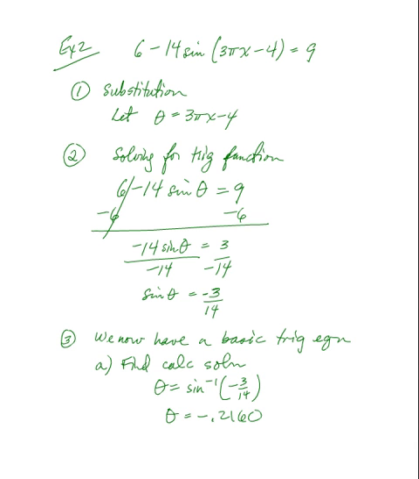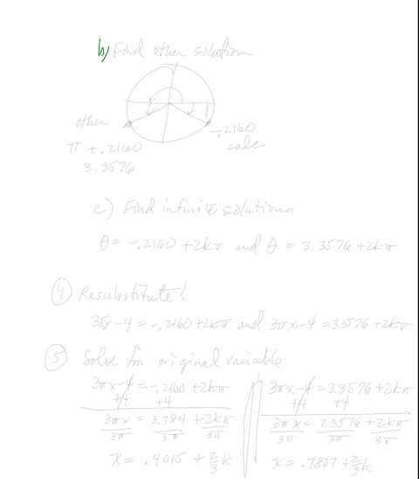So then, we want to go and find the other solution. So the other solution is, again, you're looking for where the y-coordinate is a length of negative 3/14. So this y would be negative 3/14.